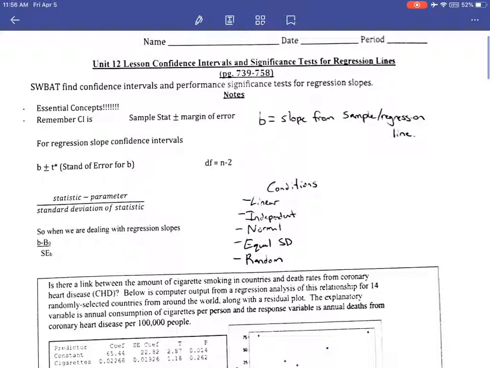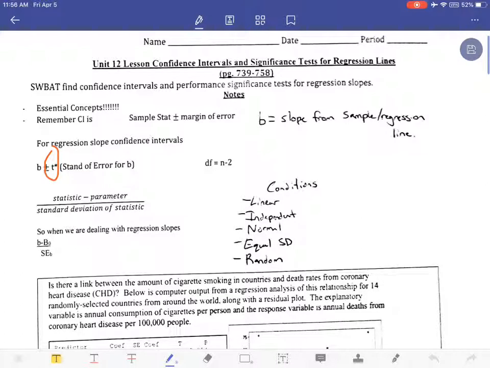All right, so the first video is just going to go over some of the brief formulas that we're going to be using. So first, for a confidence interval, we take our sample stat plus or minus our margin of error. That's our standard formula. In this case, we're going to use our regression slope as the sample stat. And then our margin of error is going to be your critical score, and we're using the critical t-score for regression slopes.